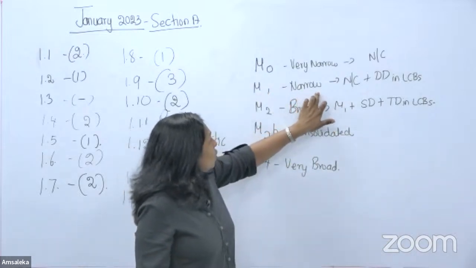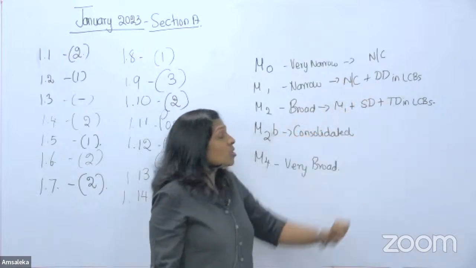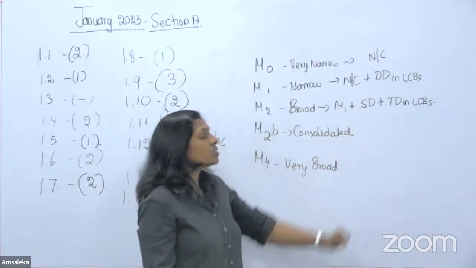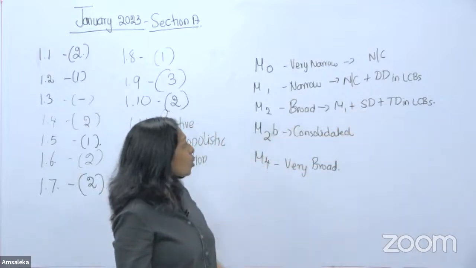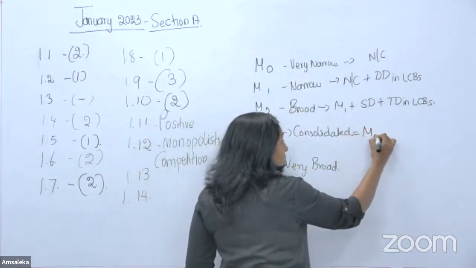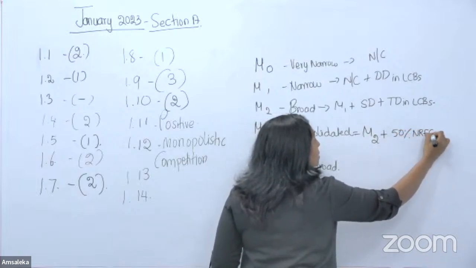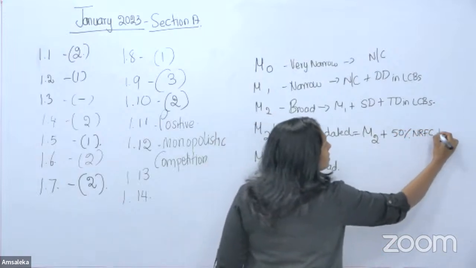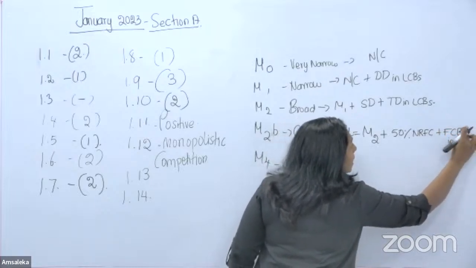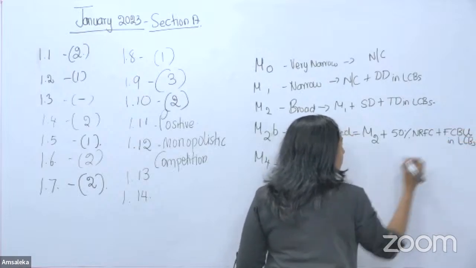So M1 means narrow: currency held by public and demand deposit in LCBs. Further, savings deposit and time deposit in LCBs are considered in the broad. Now M2B means M2 plus 50% of NRFC, non-resident foreign currency, and the foreign currency banking unit, FCBU, in LCBs.